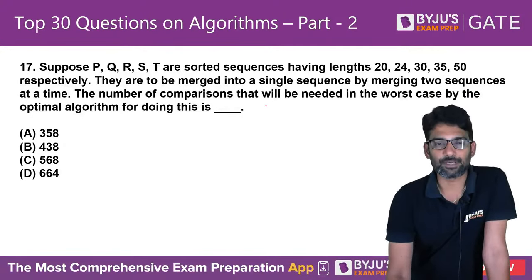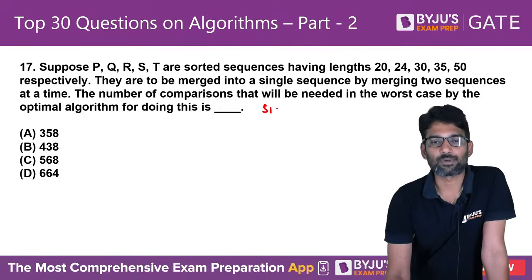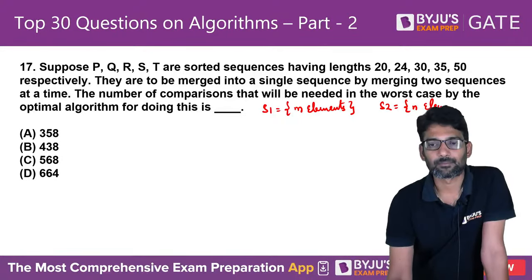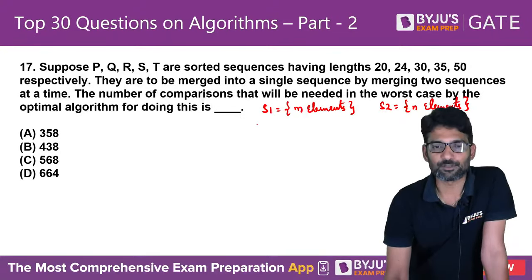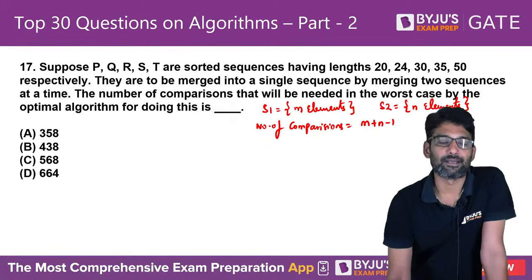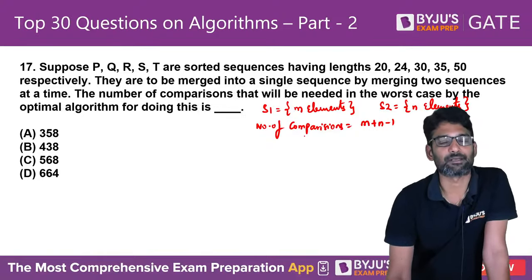If there are two sequences, S1 of length m elements, sequence 2 of length n elements. Whenever you merge these two, number of comparisons would be how many? m plus n minus 1.